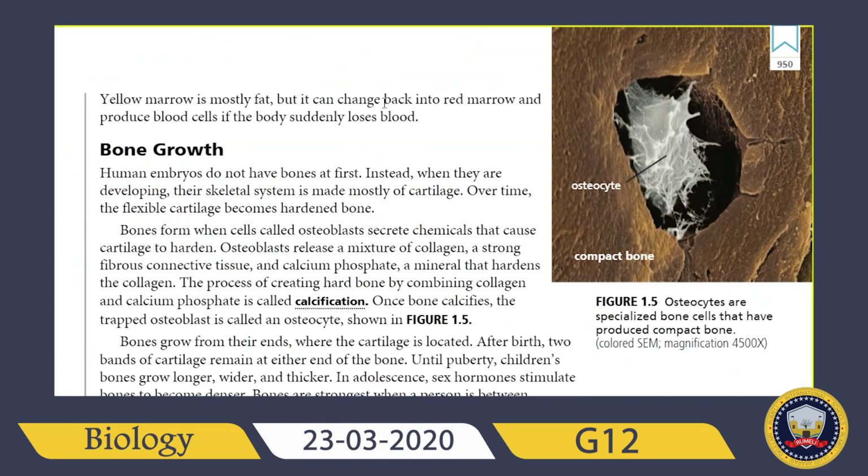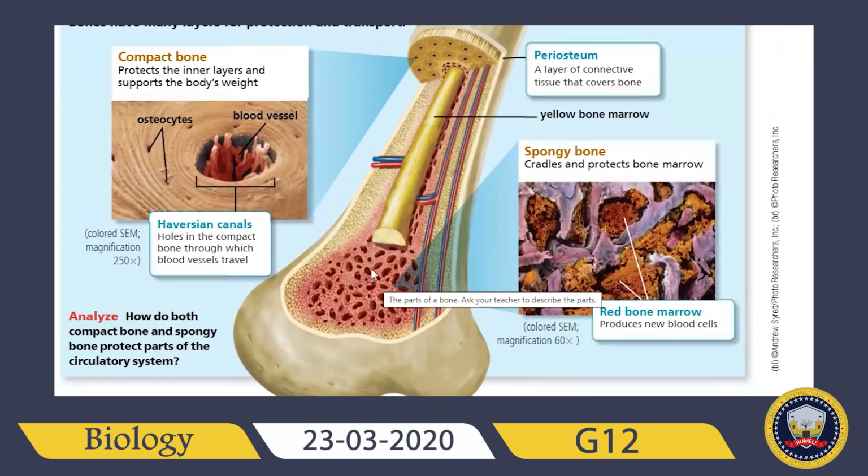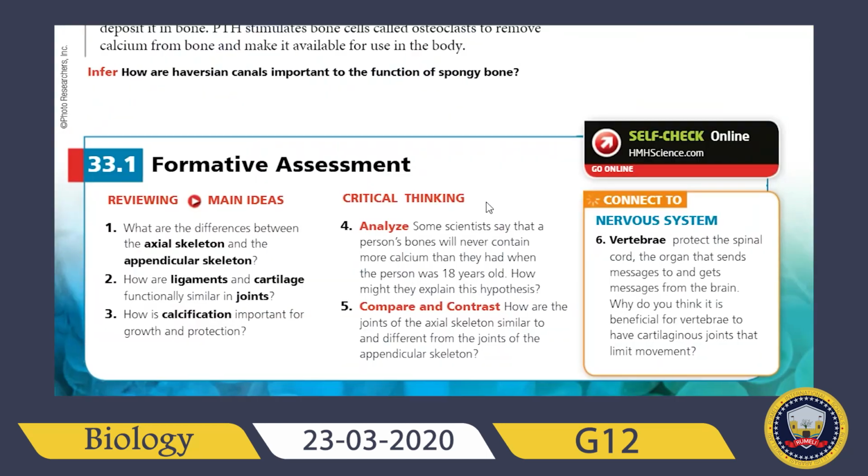But it can change back into red marrow and produce blood cells if the body suddenly loses blood. So again guys, this is the factory and these are the products. Once the red marrow needs replenishing, the yellow bone marrow cells will turn into red bone marrow. Also, it manufactures the blood cells.